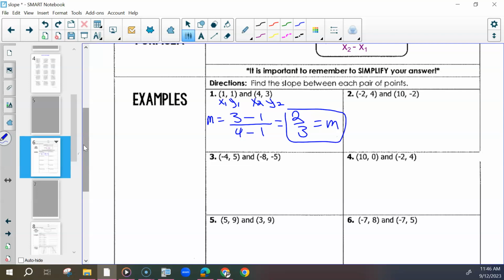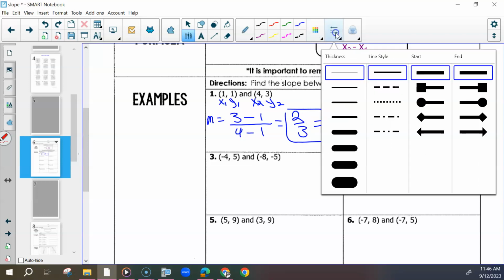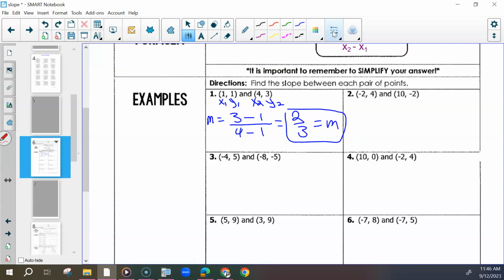Okay, let's do another one, number 2. Again, label them if you need it. Put those numbers into the formula.